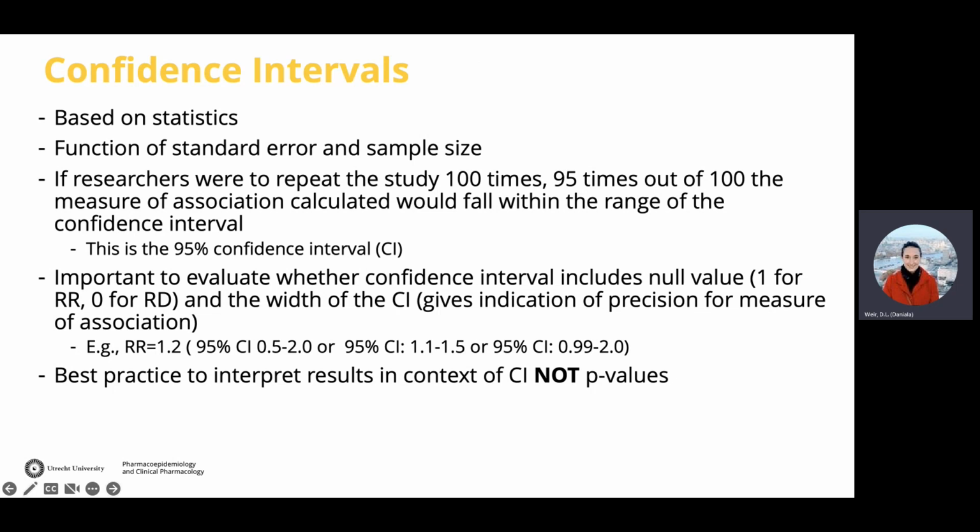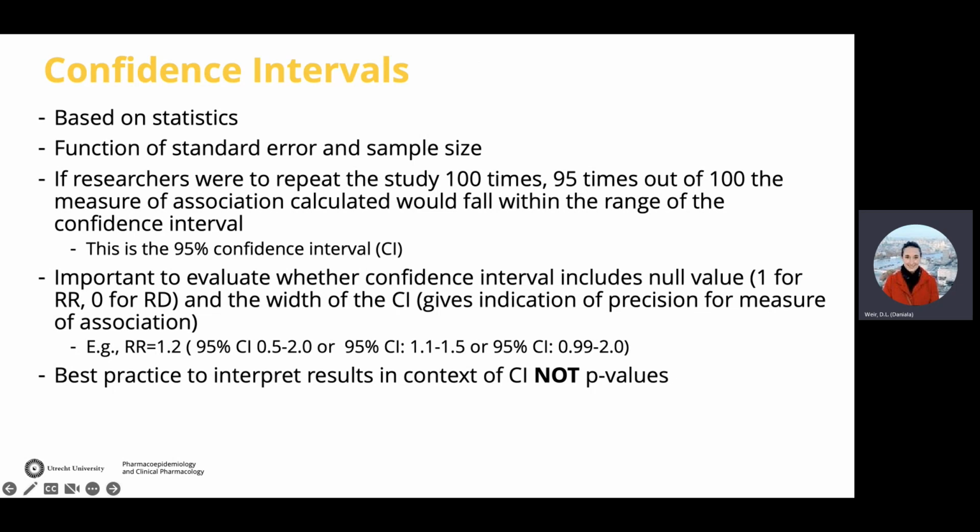In this situation here, where the confidence interval ranges from 0.99 to 2.0, yes, the confidence interval does include the null value of 1. However, it mostly falls higher than the null value.